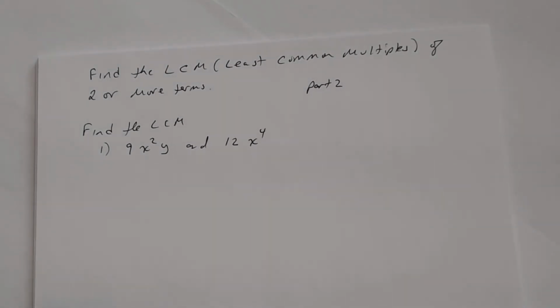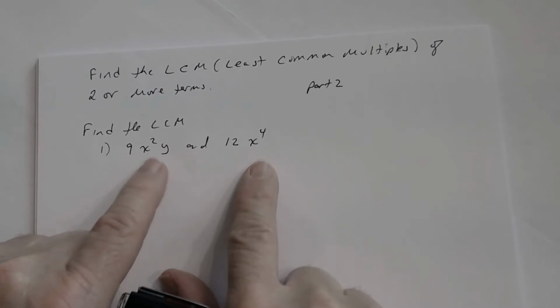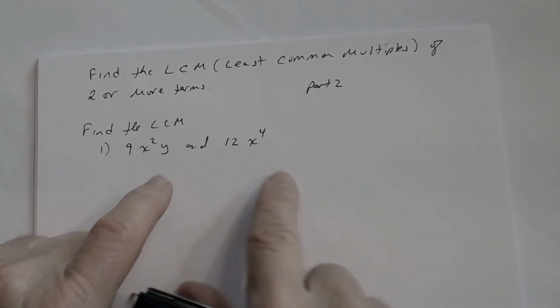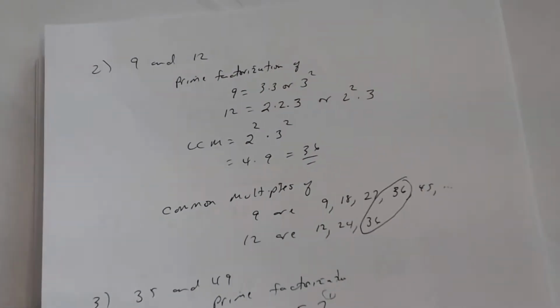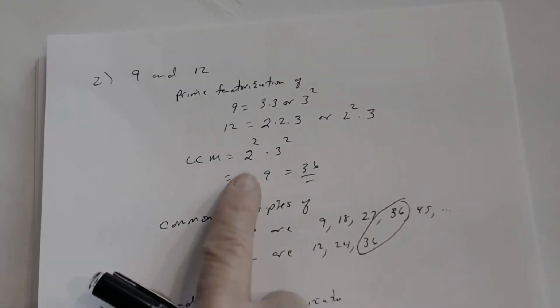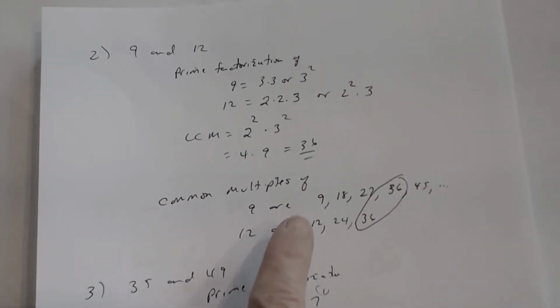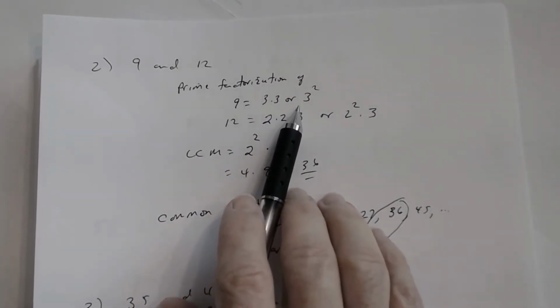All right, so whenever you're dealing with variables, see, they all have exponents. This is exponent 2, this is exponent 1, this is exponent 4. It is very important that you understood how to find the least common multiple using prime factorization. Okay, so let's go back and talk about these written as exponents.